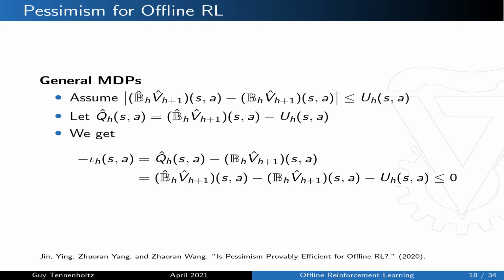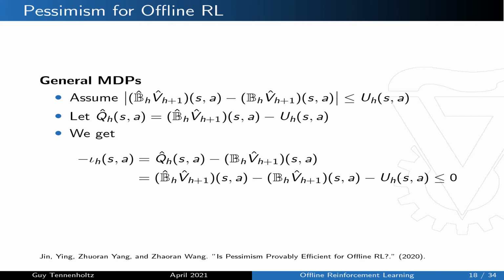So using this bound and this pessimistic estimator, we are able to ensure that the spurious correlation term, which was the problematic term for us, is actually less than 0. We can bound our error. So this is good, right? Pessimism is something that would work for offline RL.